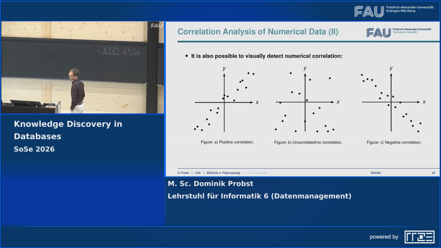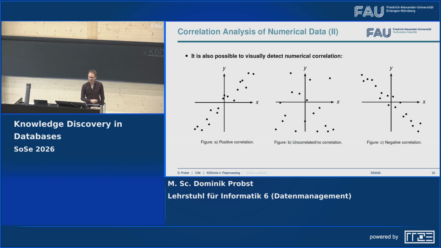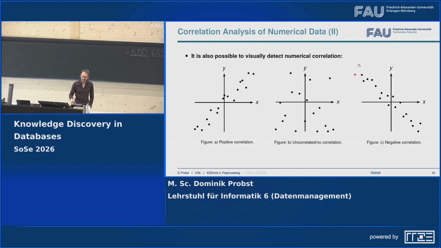When we see that, we can identify positive correlation, where both values get up at the same time. We can identify negative correlation, where one value gets up, x gets up, while y gets down. That's negative correlation. And we can also identify uncorrelated or no correlation.